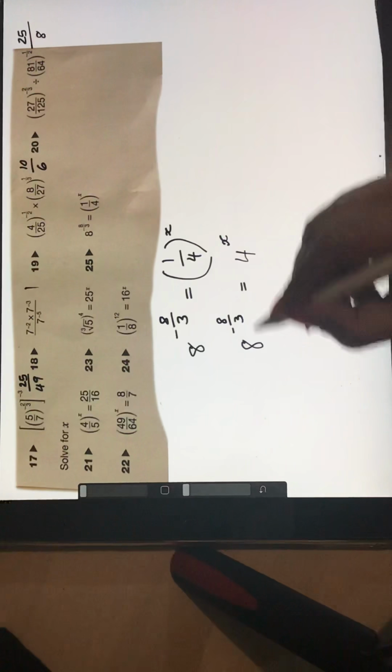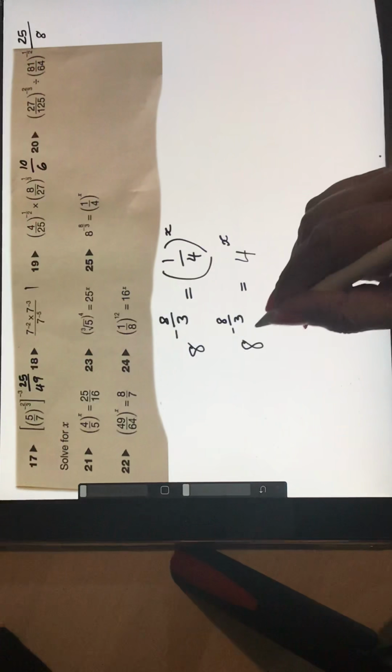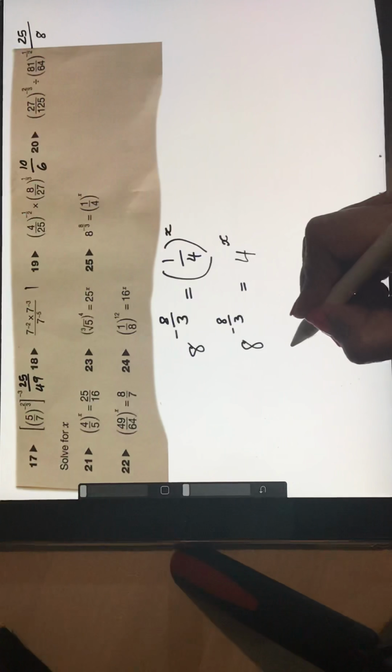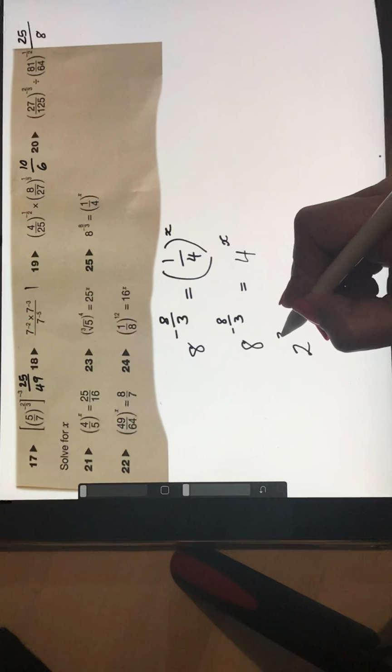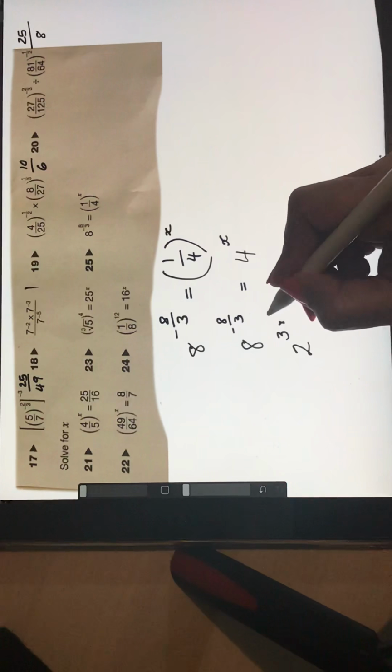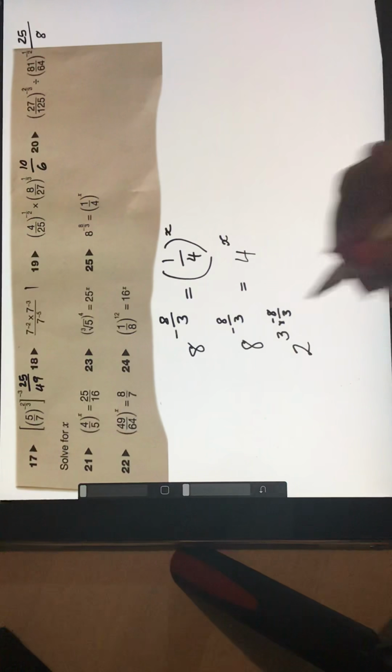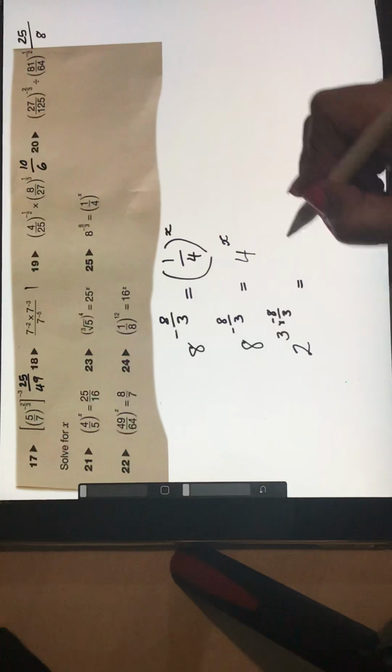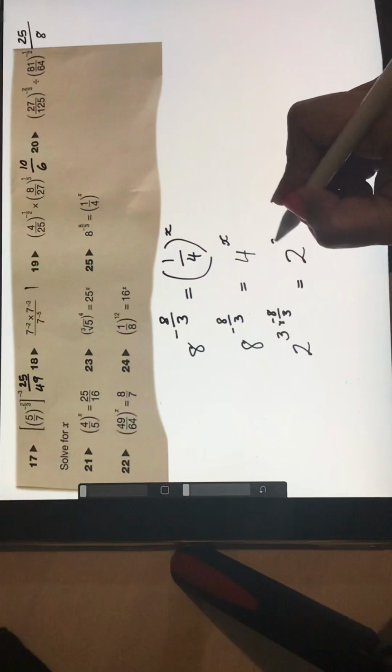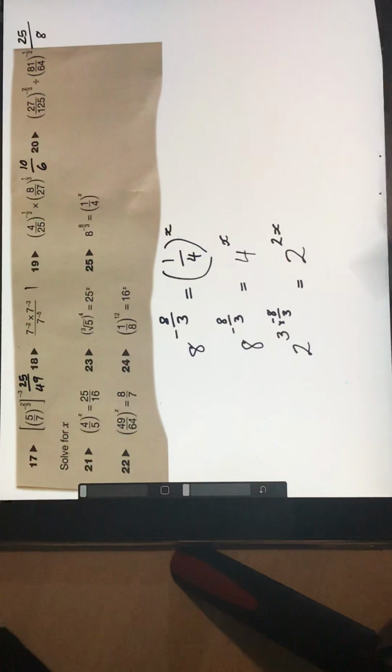I would like both of these base numbers to be the same, so I'm choosing 2 as my base number. So 2 to the power of 3 times negative 8 over 3 is equal to 2 to the power of 2, which is 4, times x.